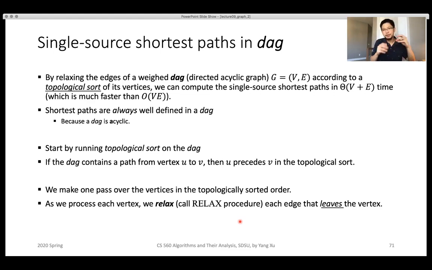We relax each edge that leaves the vertex. So we make one pass over all the sorted vertices, and for each vertex we encounter, we relax all the edges that leave that vertex. That's basically the principle of how to find the shortest path on a DAG.